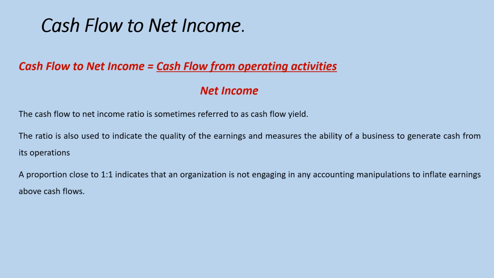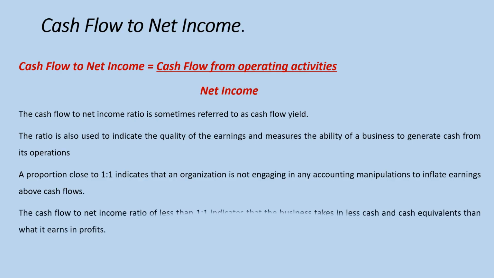The cash flow to net income ratio measures the ability of the business to generate cash from its operations. A proportion close to 1 to 1 indicates that the organization is not engaging in any accounting tricks to inflate the earnings above the cash flow.